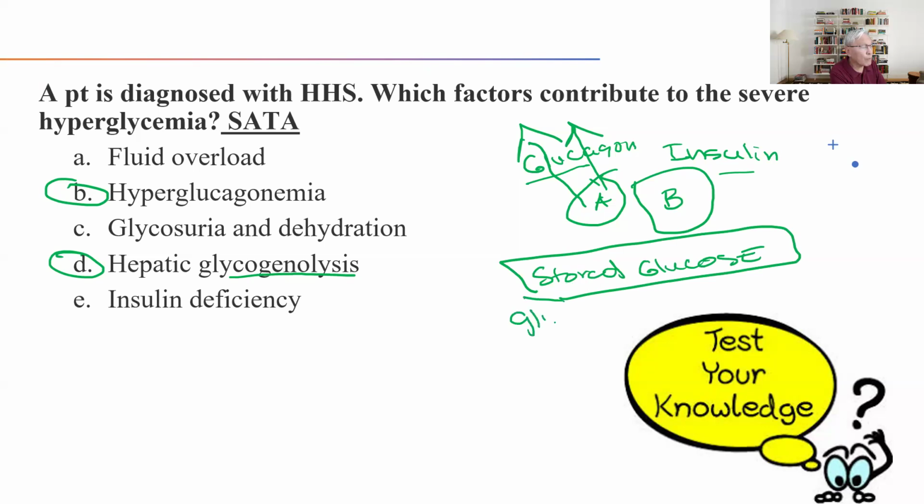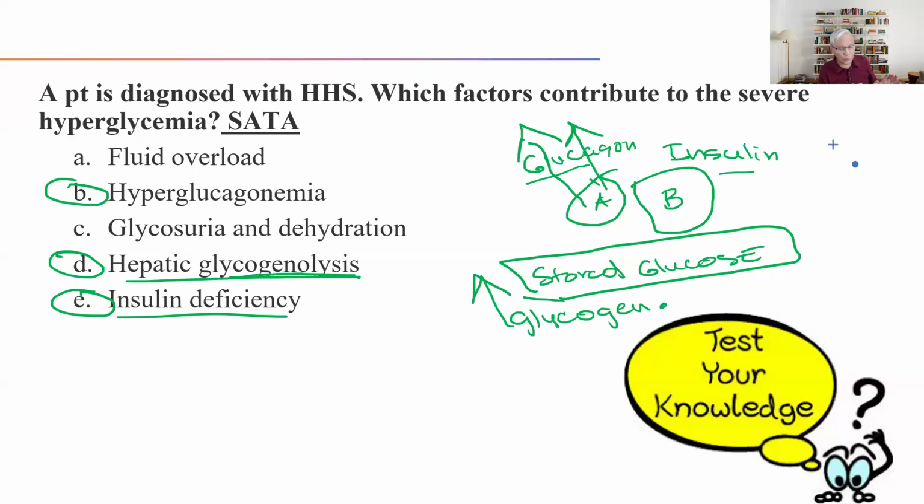It's stored in the form of glycogen in the liver. So abnormal release of glycogen obviously will cause an increase in blood glucose. And if you are deficient in insulin, there's nothing to counteract it, and therefore this will also increase the hyperglycemia.